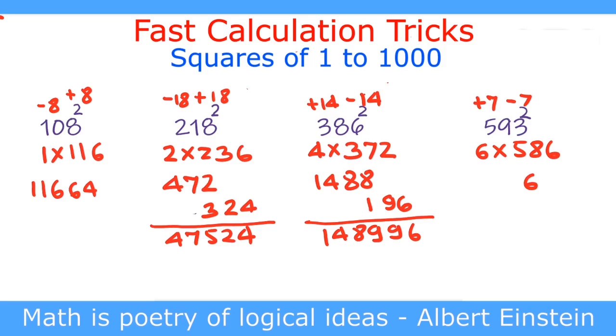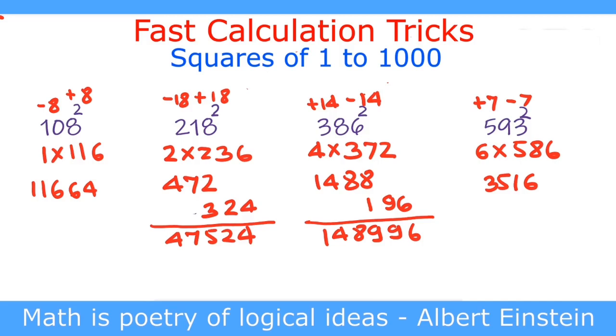6 times 6 is 36. We write 6 and carry 3. 6 times 8 is 48 plus 3 is 51. We write 1 and carry 5, and 6 times 5 is 30. 30 plus 5 is 35. So this is 3516. Now we have to write a square of plus or minus 7, which is 49, and 49 is 2 digits.